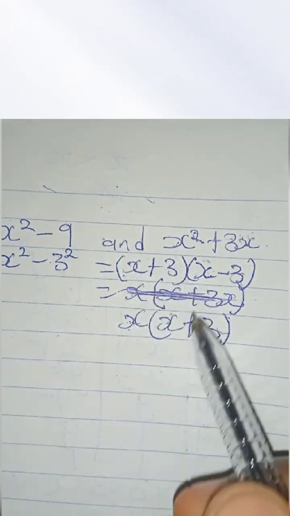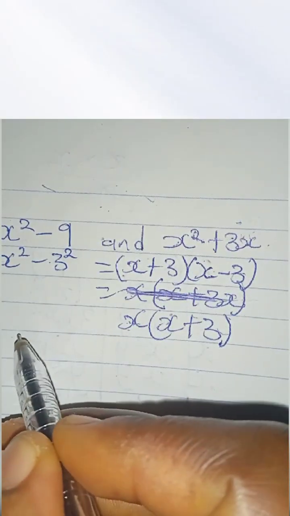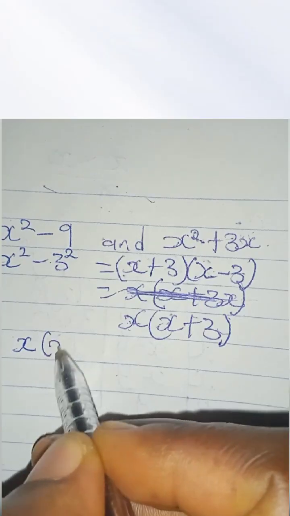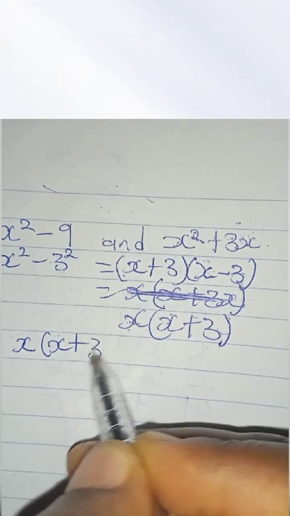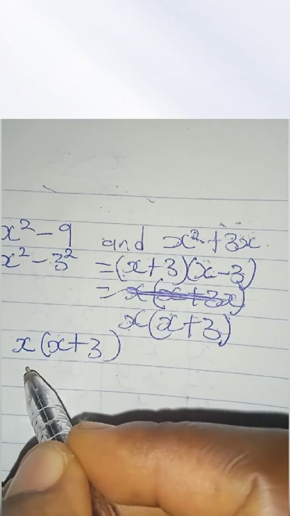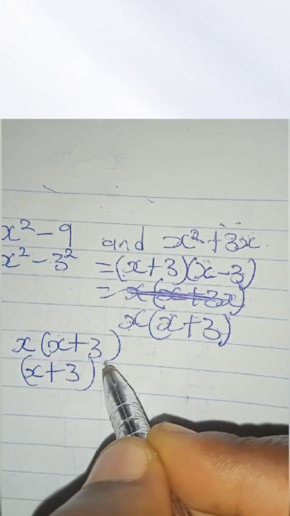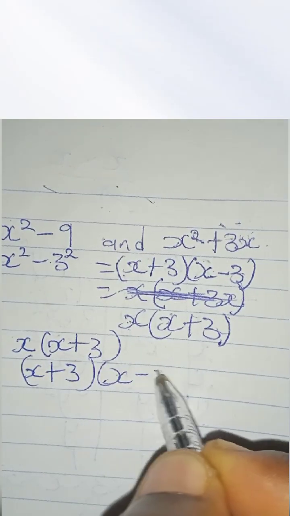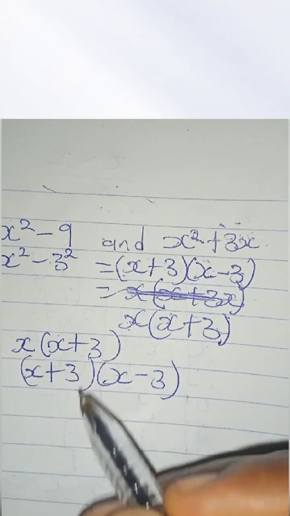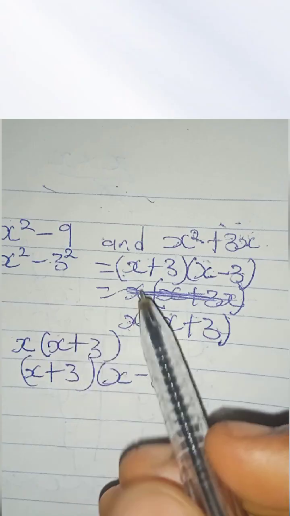So let me write out all the factors. The first one we have s bracket s plus 3, and for this one we have s plus 3 bracket s minus 3. Now, using the method we used earlier, you choose all the factors, and you choose the highest power.